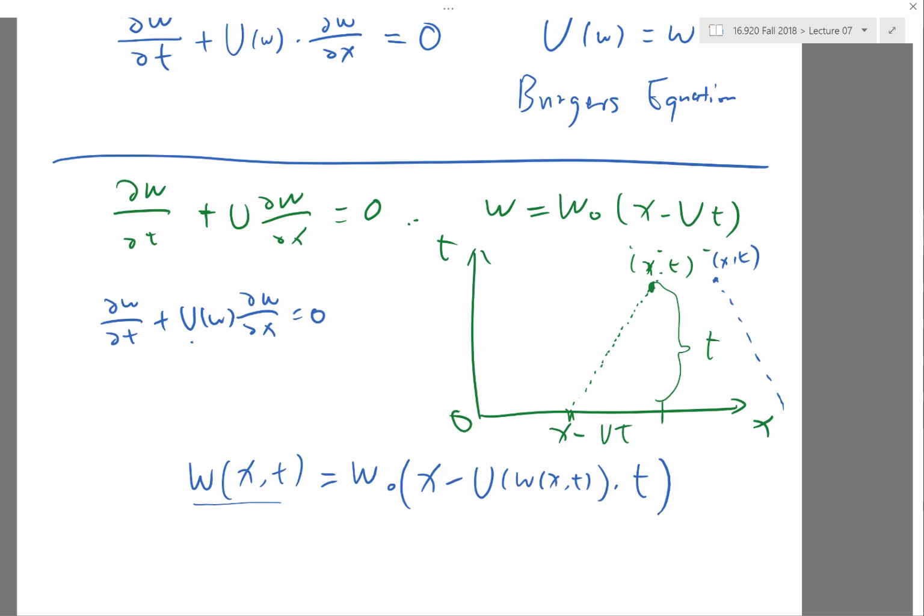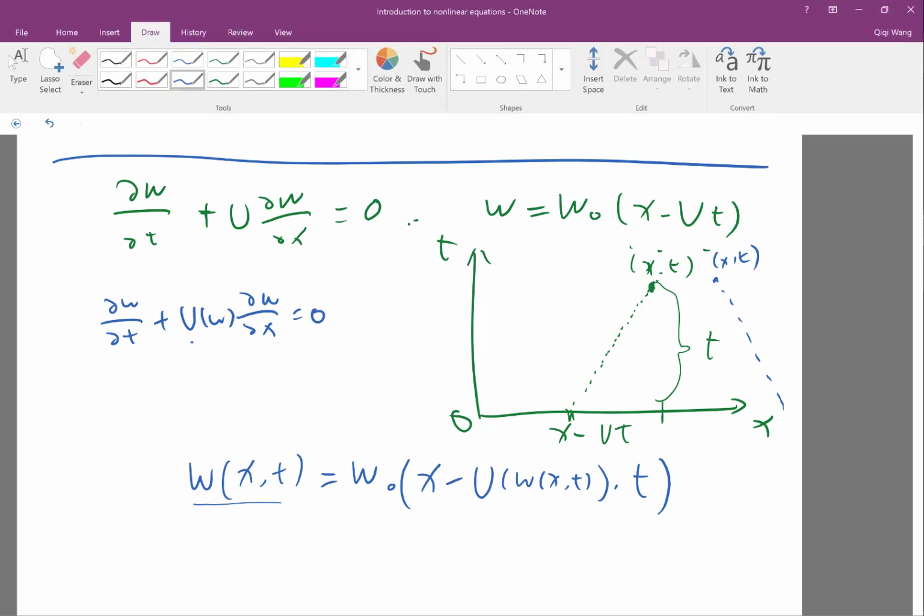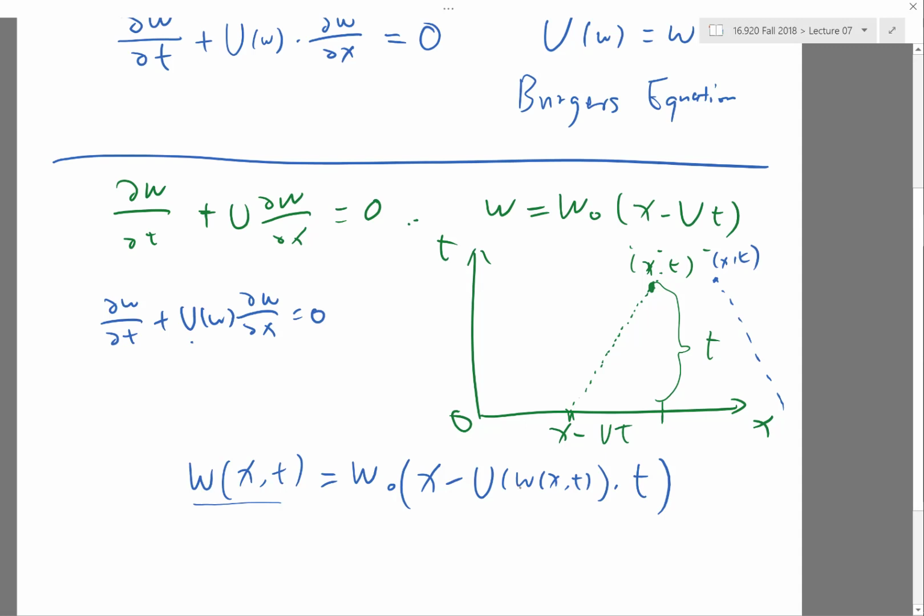Do you see what this equation is about? This is the advection speed, but there is an unknown on both sides of the equation. Everything else is known, right? So if you want to evaluate this analytical formula, you have to use a nonlinear solver.